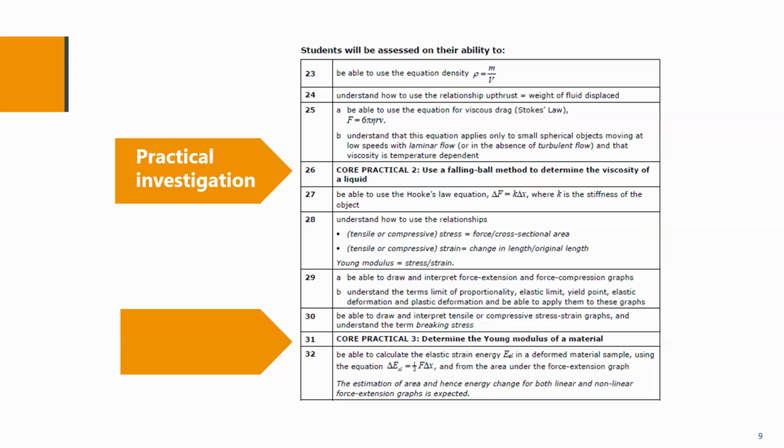The slide also shows how the specification content pages give more information, for example, identifying which formulae need to be able to be used rather than remembered. So you can see on this page, there's core practical 2, use a falling ball method to determine the viscosity of a liquid, and core practical 3, determine the Young modulus of a material.